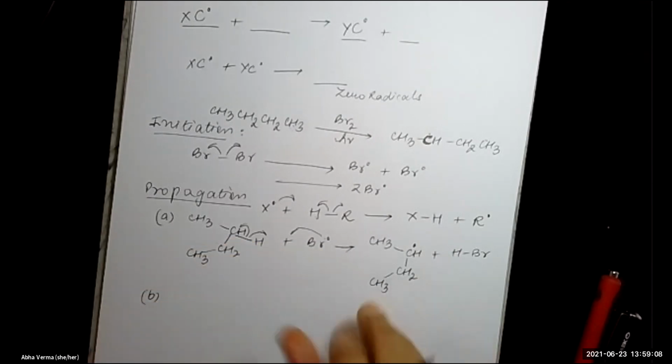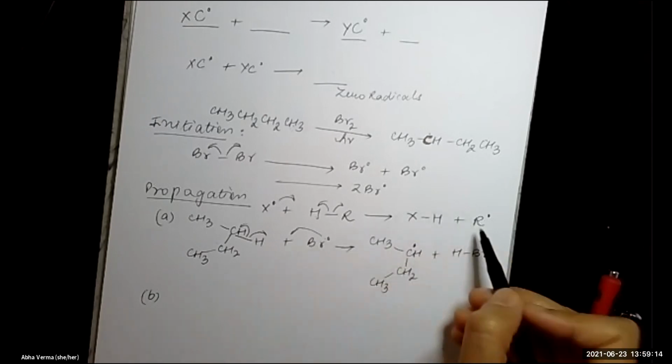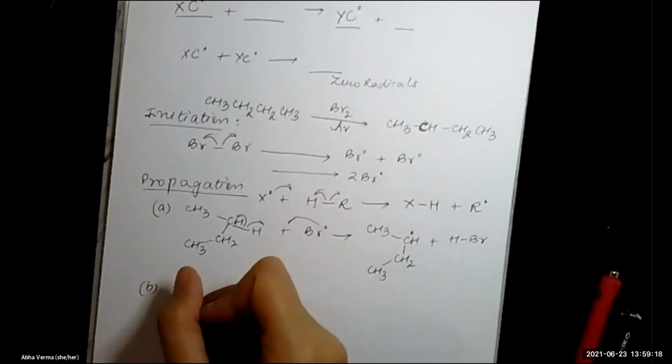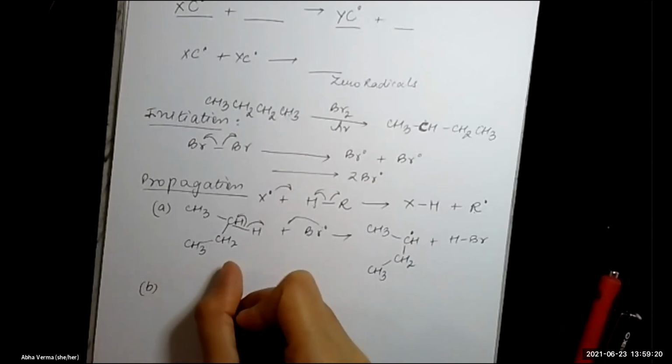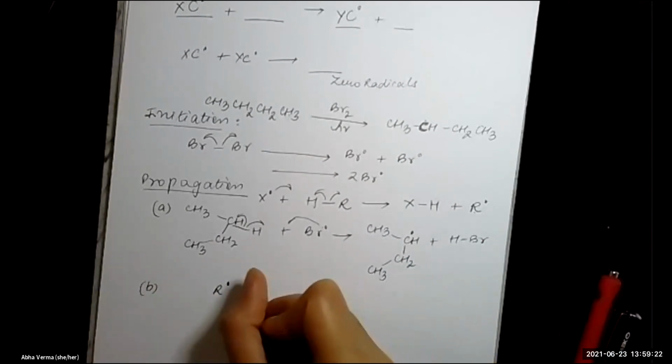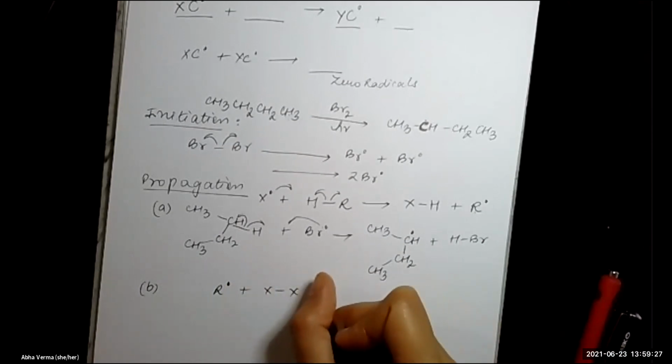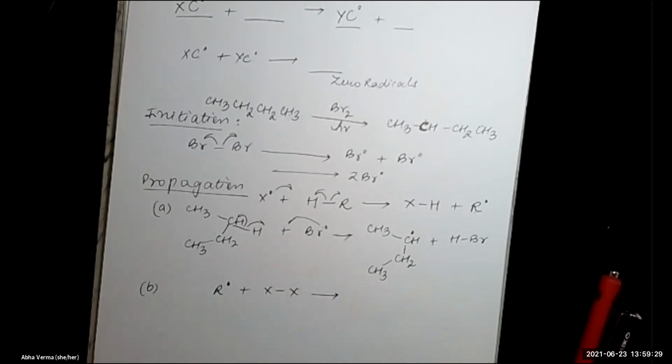So I have not formed my product yet. The next propagation step that I will be using is the dehalogenation. So I have the alkyl radical and I have the diatomic halogen. What is going to happen? Uneven, even splitting.